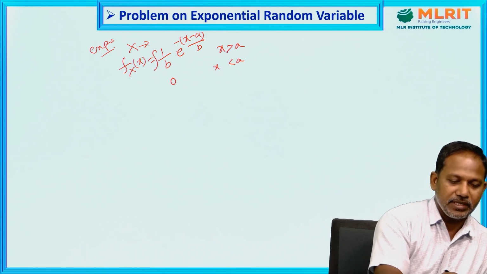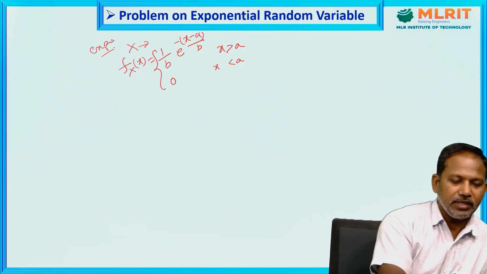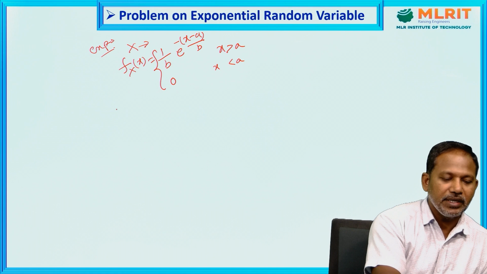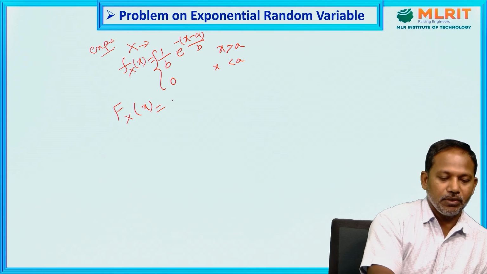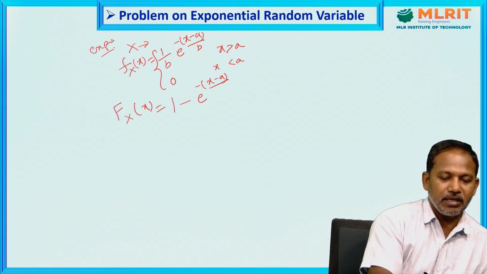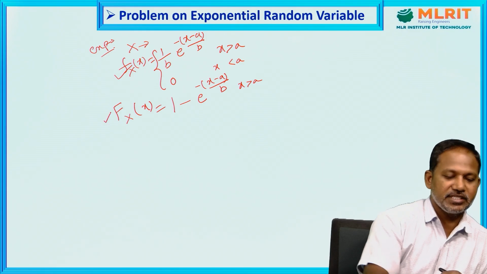By using this I can find the distribution function, that is capital Fx of x is equal to 1 minus e power minus of x minus a by b for x greater than a. So this is the density function, and this is the distribution function.